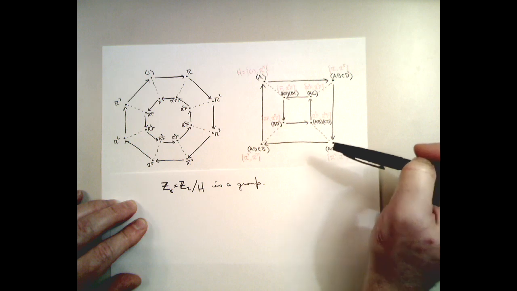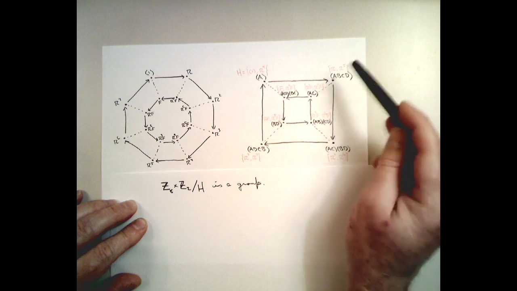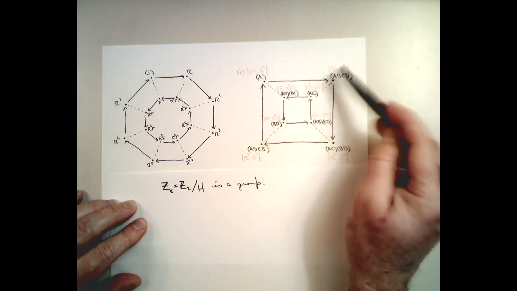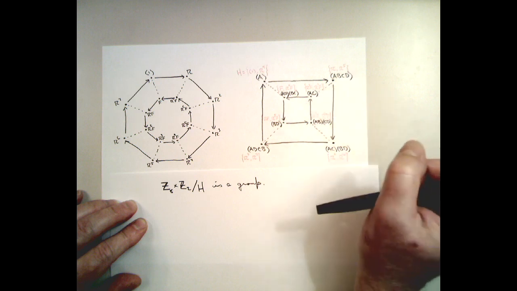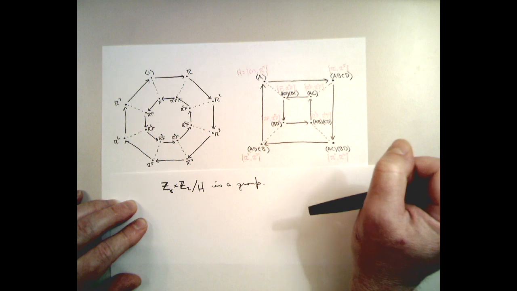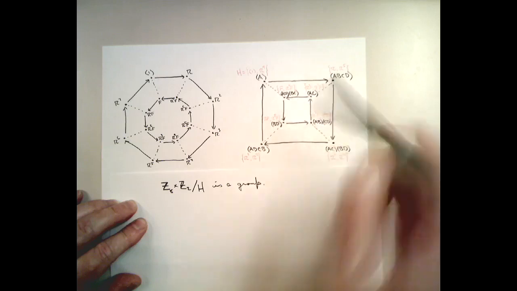And so any two cosets are going to map to distinct elements of Z4 cross Z2. So this function is in fact one-to-one, the one that's sending cosets to elements of Z4 cross Z2.